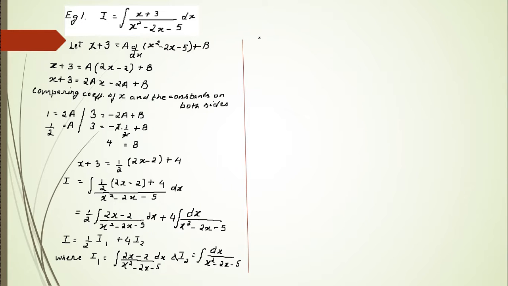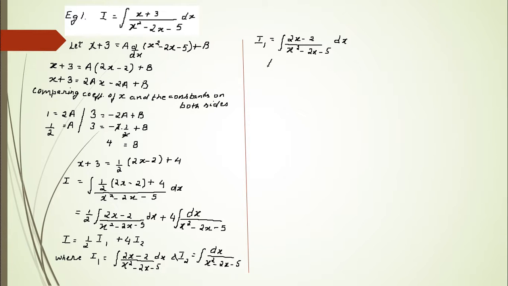So I1 we have is equal to integral 2x minus 2 divided by x square minus 2x minus 5, whole dx. Okay, now we know that the d by dx of x square minus 2x minus 5 is 2x minus 2.